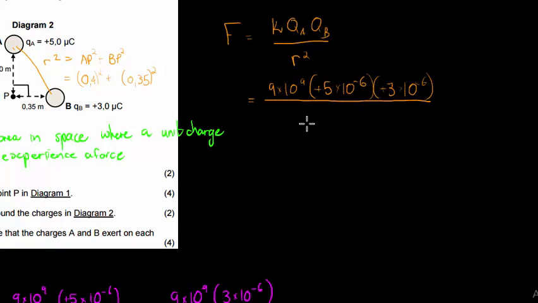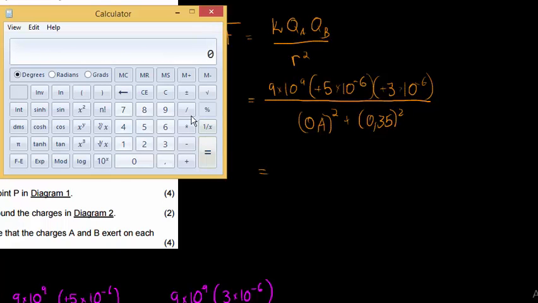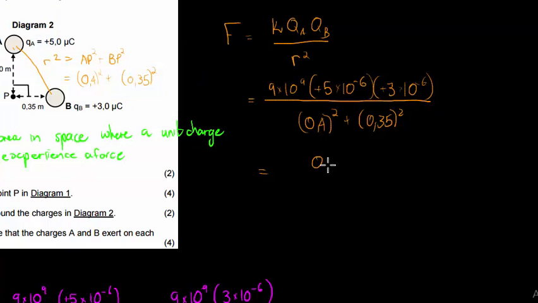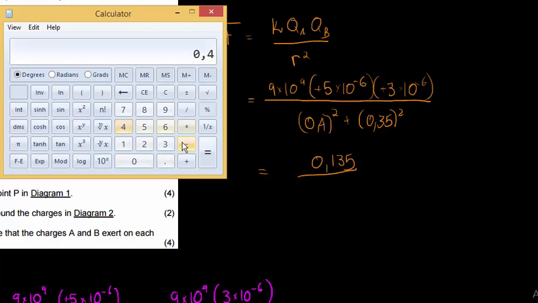So this is simply 0,4 squared plus 0,35 squared, and that gives me 9 times 10 to the power of 9 times 5 times 10 to the power of negative 6, times 3 times 10 to the power of negative 6 is equal to, that's my numerator, 0,135, divided by my denominator, 0,4 squared plus 0,35 squared, which is equal to 0,2825.